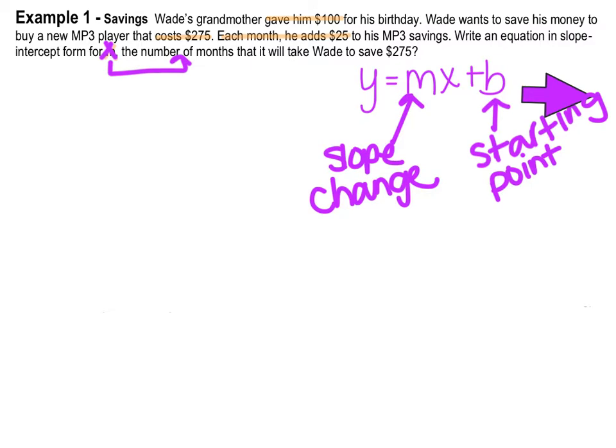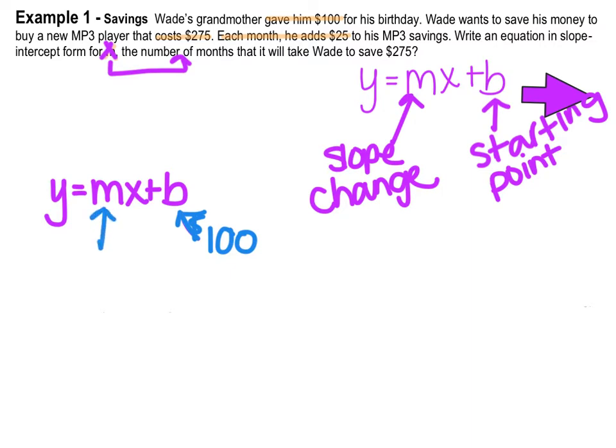So if I have to write this into y equals mx plus b, my starting point, no matter what, Wade has $100 from his grandma. So that's your starting point.